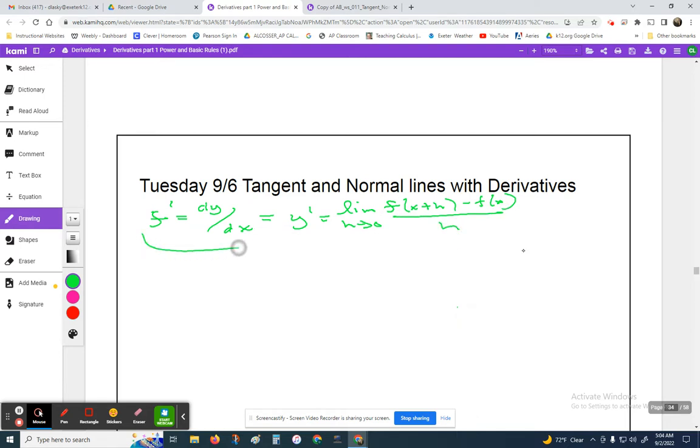And all of these are considered derivatives. And these make up the slope, well, not the slope, the slope of the tangent line.